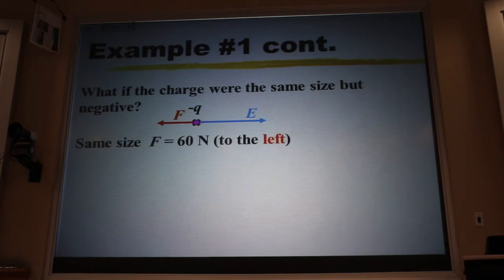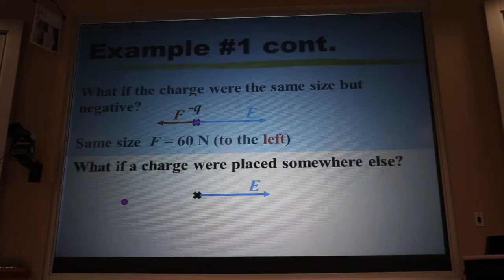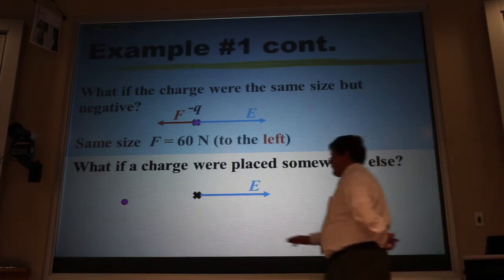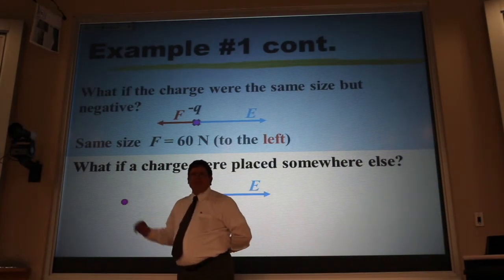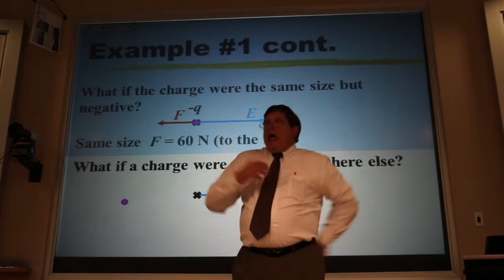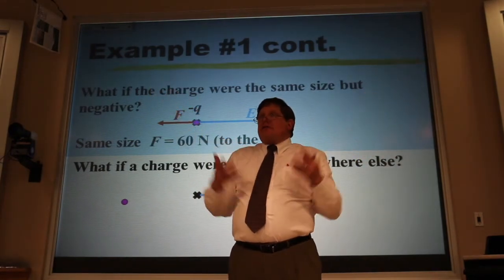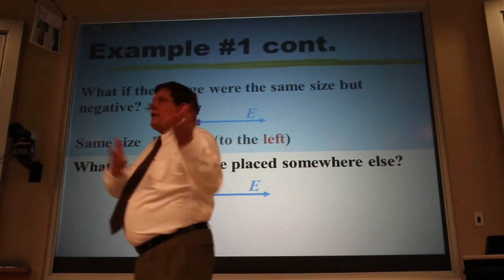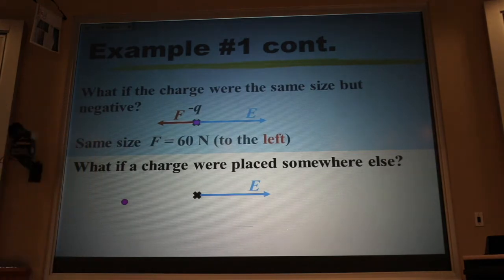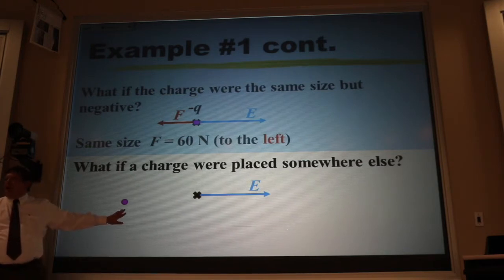Now, what if I put it somewhere else? What if I put that test charge over here? It turns out the gravitational field is boring. It's the same everywhere in this room. But an electric field can change drastically from point to point. And that's why we call this little guy a test charge.